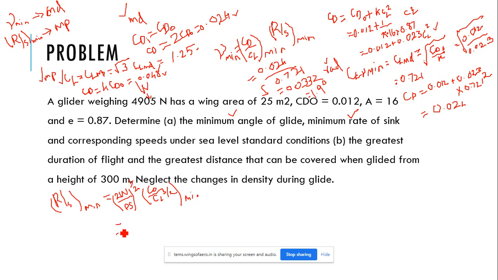By substituting the values, we will be getting the answer 0.615 meter per second.